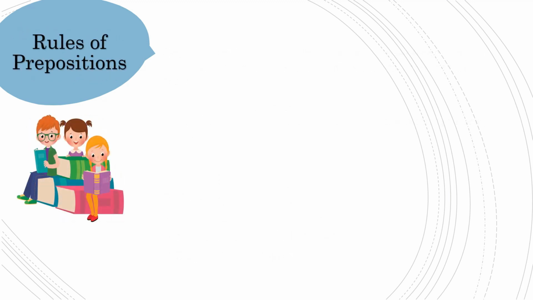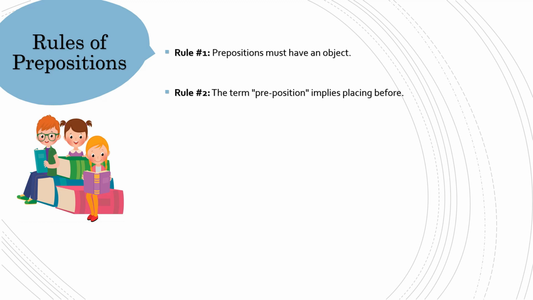Rules of prepositions. Rule number 1: prepositions must have an object. Rule number 2: the term preposition implies placing before. Rule number 3: a pronoun used after a preposition must be in the object form.